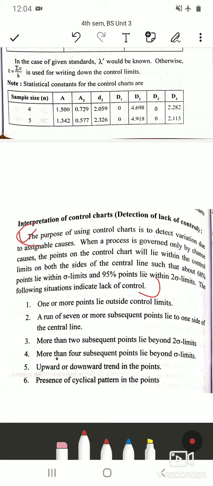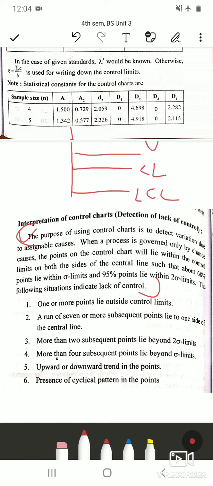In such cases, when you take samples and draw the control chart, the points will lie within the control limits. There are 3 lines: the CL, the lower control limit and the upper control limit. When only chance causes are there, all points will lie within these lines, and 68% of points will lie within sigma limits, and 95% of points between 2 sigma limits.